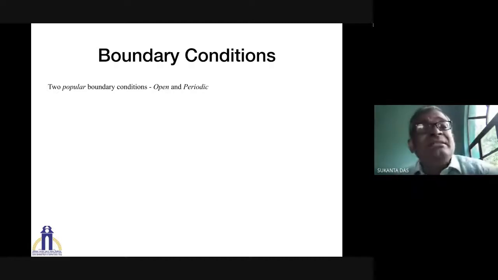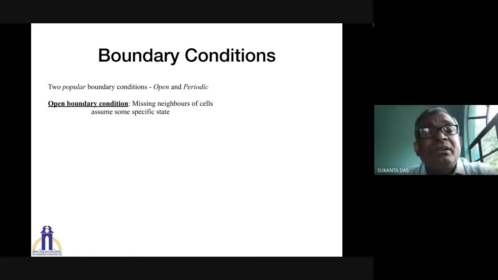For finite CA, there are two popular boundary conditions. One is open boundary condition, another is periodic boundary condition. Now, what is open boundary condition? Open boundary condition will have some missing cells.